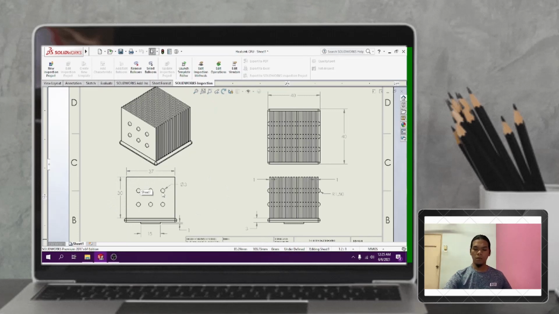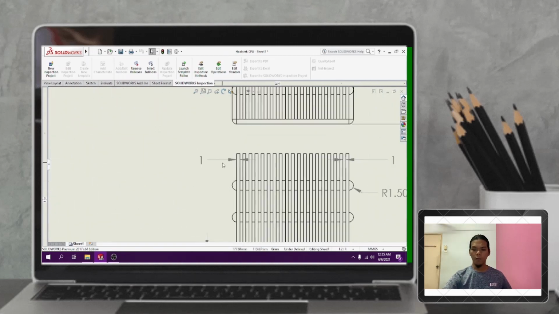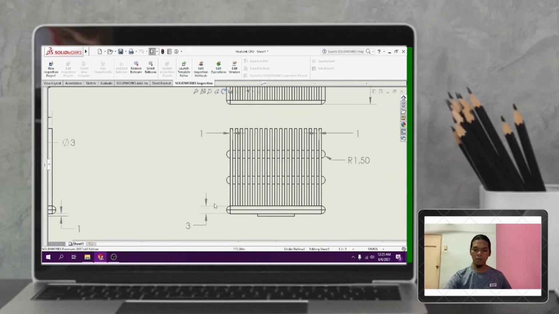The tube that I use is 1.5 radius. You can see the thickness of the pin is 1 mm and the gap is 1 mm too. The height of the base is 3 mm.